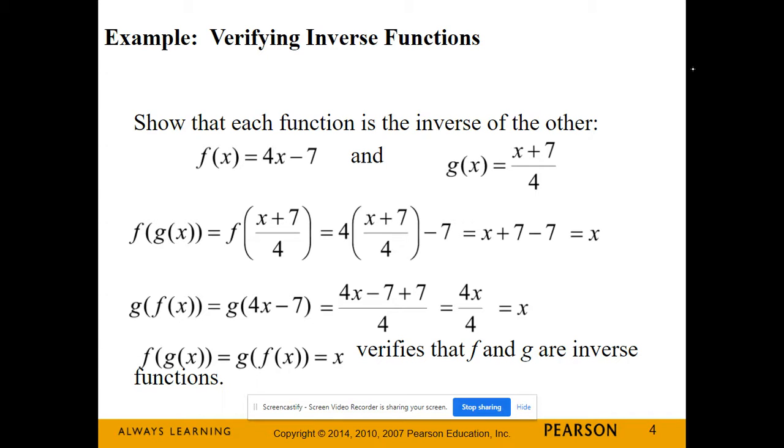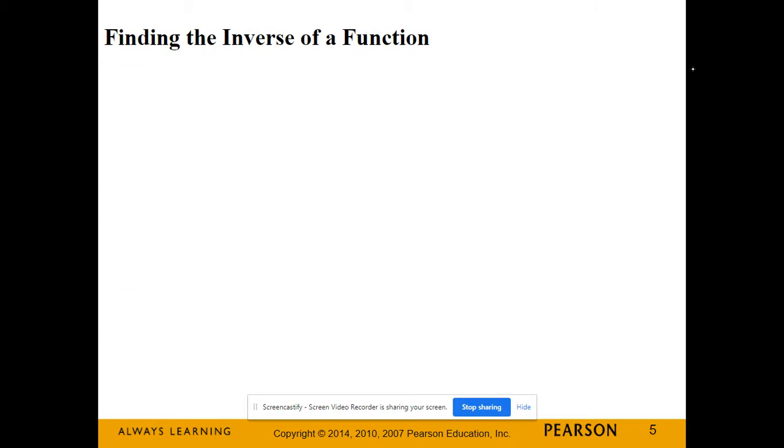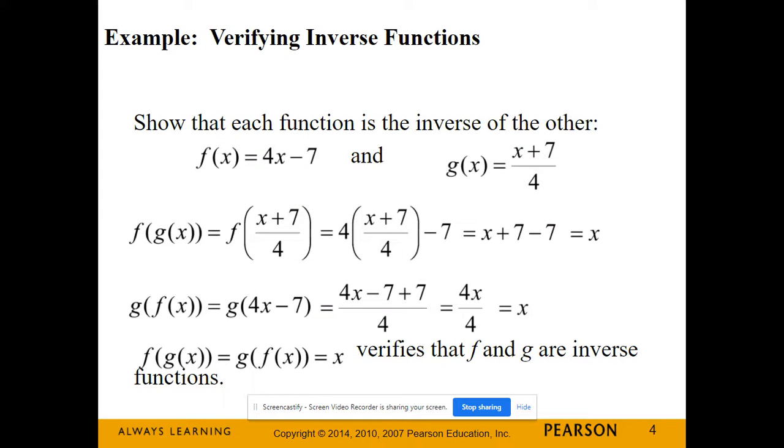Then you try the reverse, g of f of x. So now you're substituting the f function into the g function for x. So g of 4x minus 7 ends up being 4x minus 7, which is now substituted in for that x. The 7's subtract away, you end up with 4x over 4. The 4's divide away, and you have x.